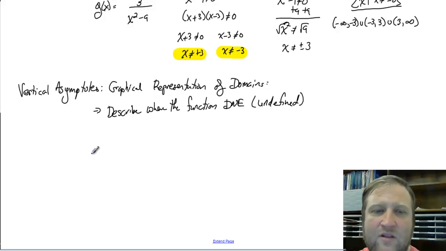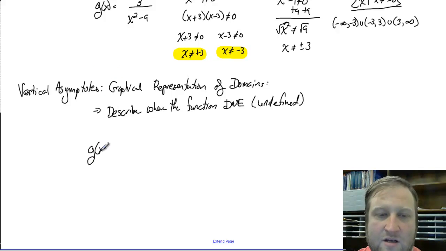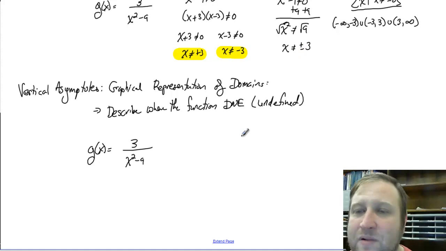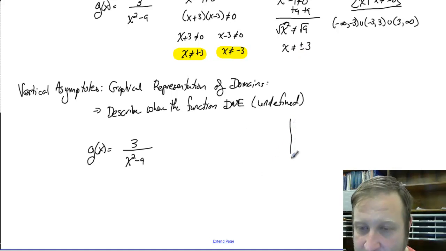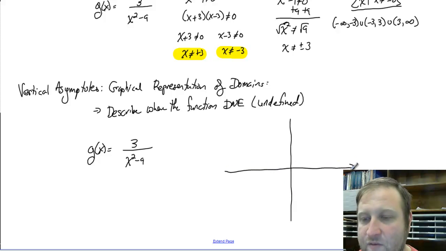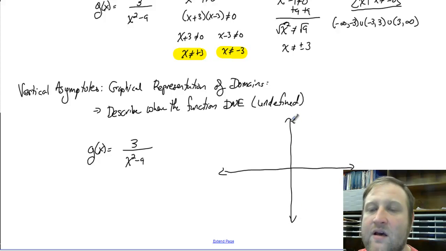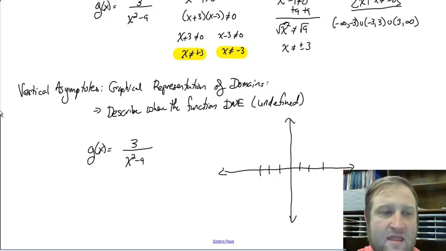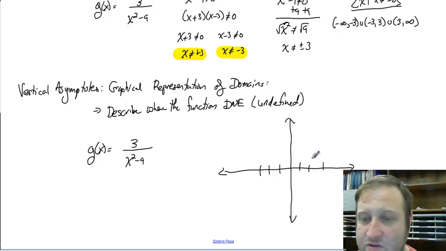So let's go ahead and look at this past value g of x. G of x will be equal to 3 all over x squared minus 9. We said that x cannot equal plus 3 or minus 3. So if I were to look at a graph here, and I'm just going to draw a quick graph, nothing too perfect, just to give a basic idea of what to expect. We have the horizontal x-axis, the vertical y-axis, and I recognize here that there will be some values, positive 3 and negative 3, that don't exist.